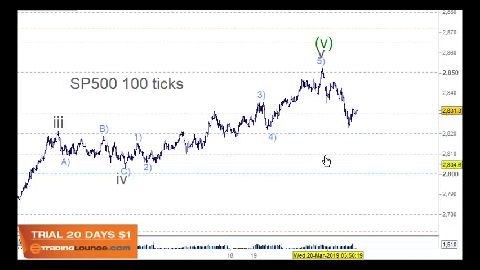But otherwise, even if we get one more low down onto the 20 here, that would still just give us an A, a B and a C wave down to this point here. So I can't confirm that we've got a top in place. I'd need to see an impulse wave come down at that point there.